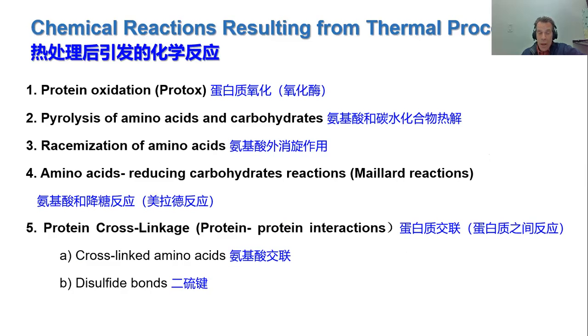Sherry, one of my PhD students, helped me review the literature on heat damage to amino acids. She identified 5 kinds of heat damage.